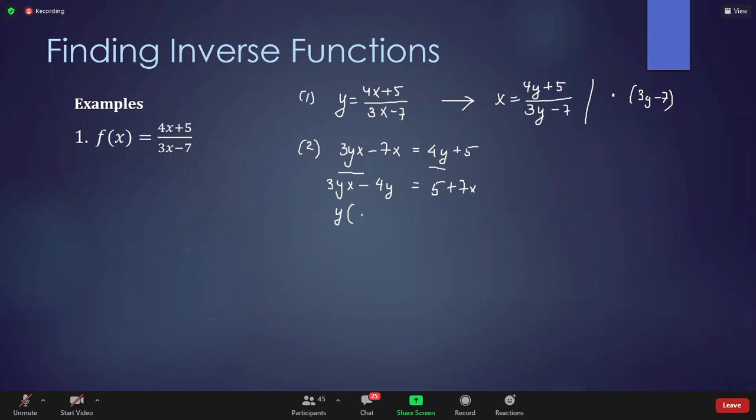We have 3x minus 4 in the parentheses. And the right-hand side remains as it is, and I'll write 7x plus 5, starting with x. And now we divide both sides by 3x minus 4. That is 7x plus 5 divided by 3x plus 4.